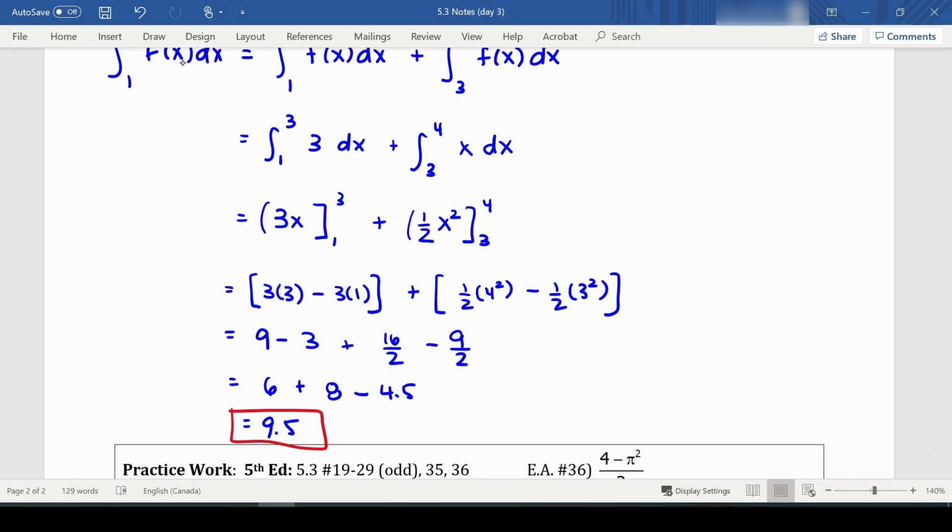So for us, we went from 1 to 3 on the portion where f of x equals 3 because our function said if x was less than or equal to 3, f of x was 3. We then had from 3 to 4, f of x was equal to x, and that's because in our function, it says if x is greater than 3, f of x equals x. And that is it for this section.